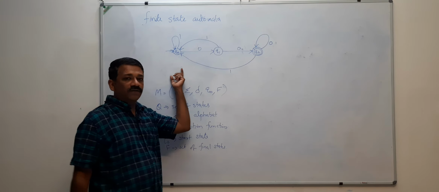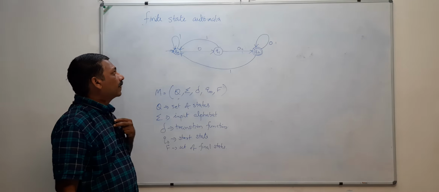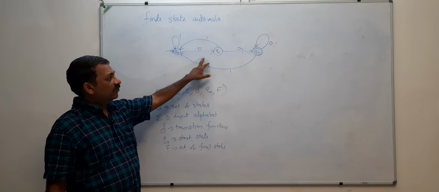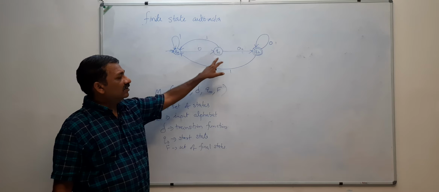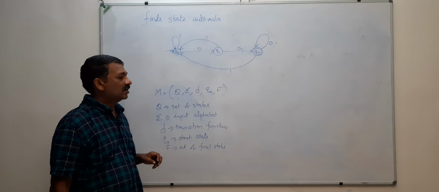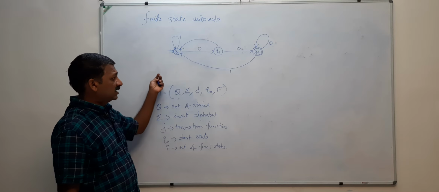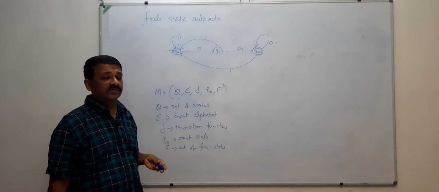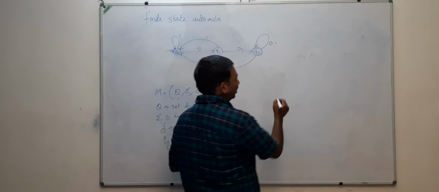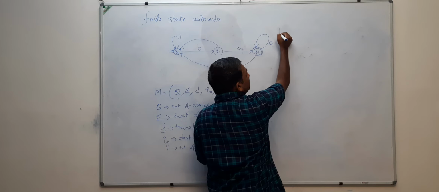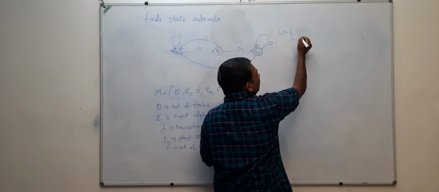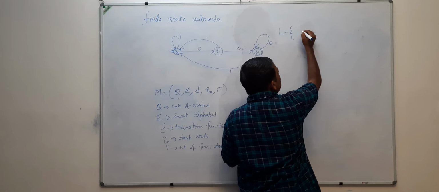This is an example of a finite automaton which accepts the set of binary strings ending with 00. That means any binary string which ends with 00 will be accepted. The language is defined as binary strings ending with 00.